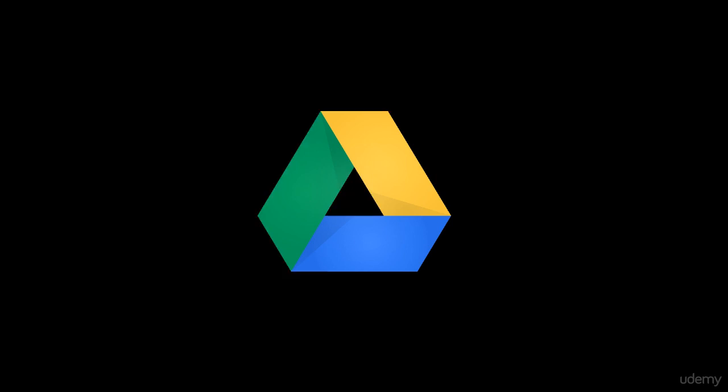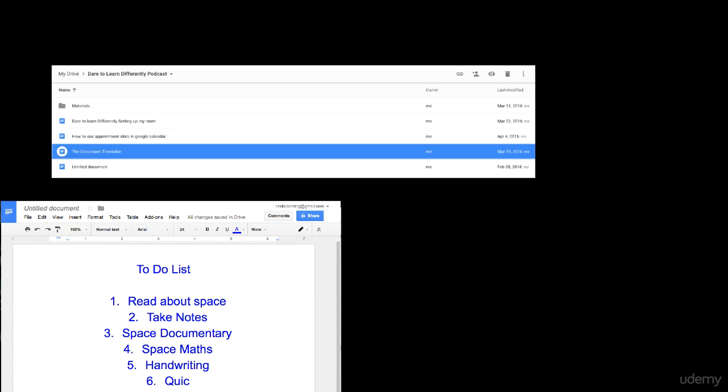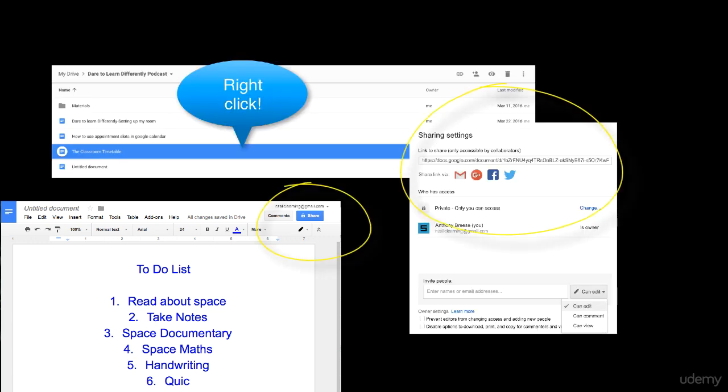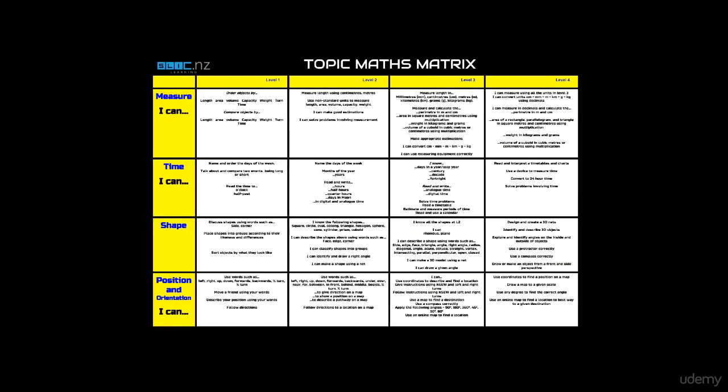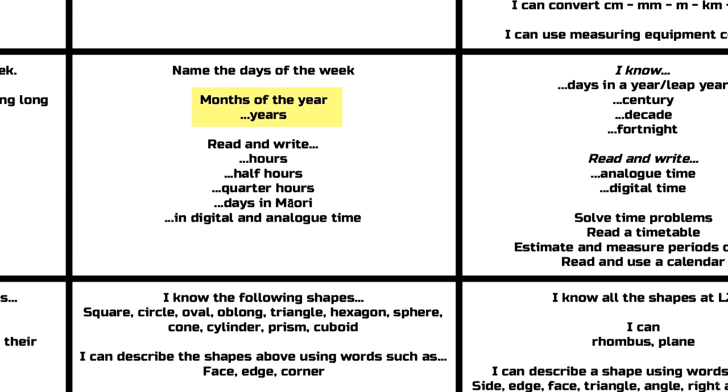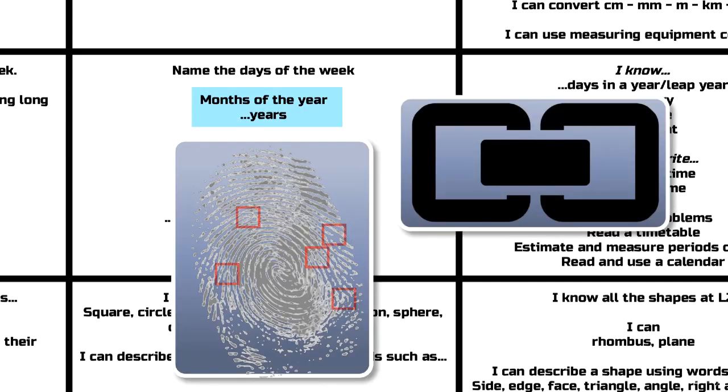Find the URL of the evidence they have uploaded and copy it. In Google, you'll need to go to Share. From there, they will need to go into their matrix, highlight the specific learning intention before using the link button and adding the link to the evidence.